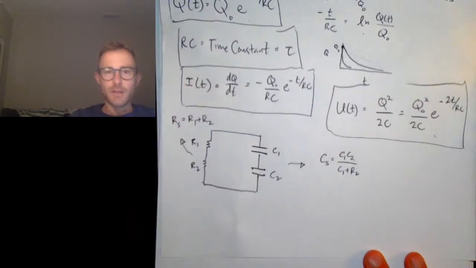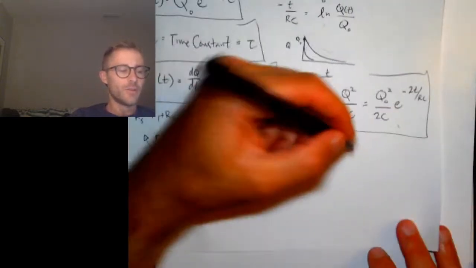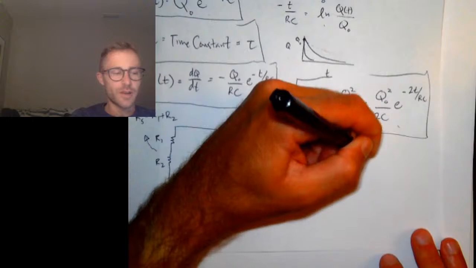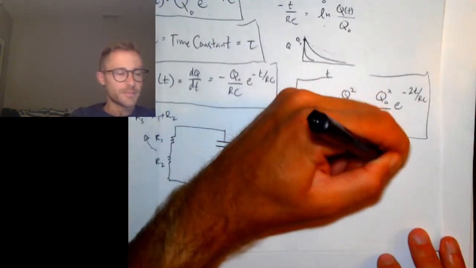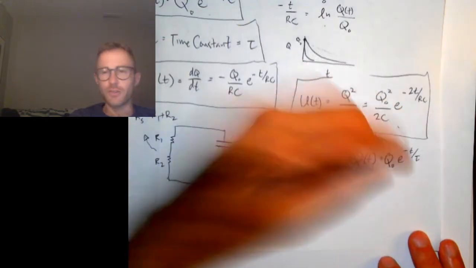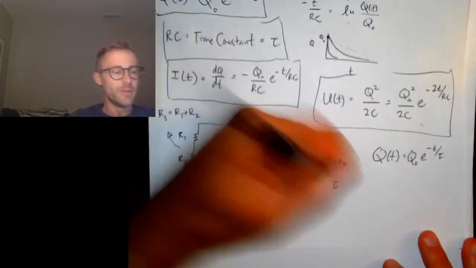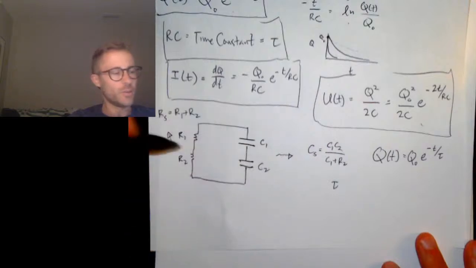Okay. So if we wanted to know what is the charge as a function of time, well, the charge as a function of time would be Q naught e to the minus t over tau, where tau is the time constant, but the time constant would be the equivalent capacitance times the equivalent resistance.